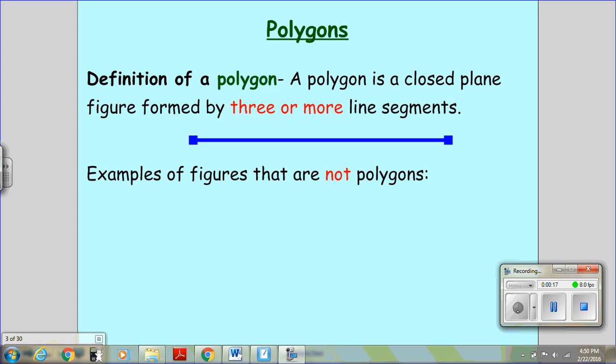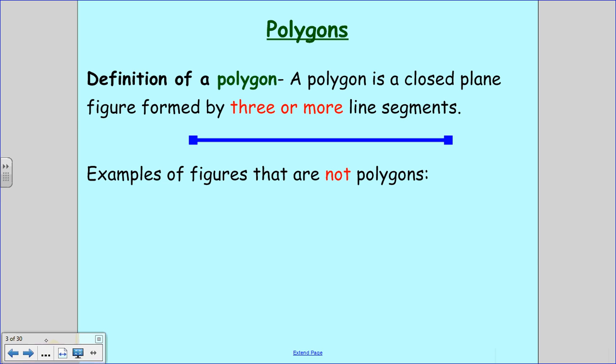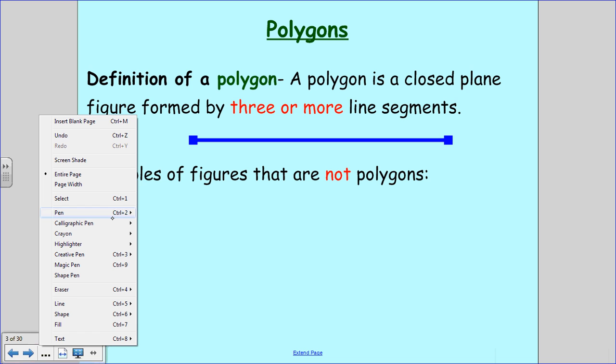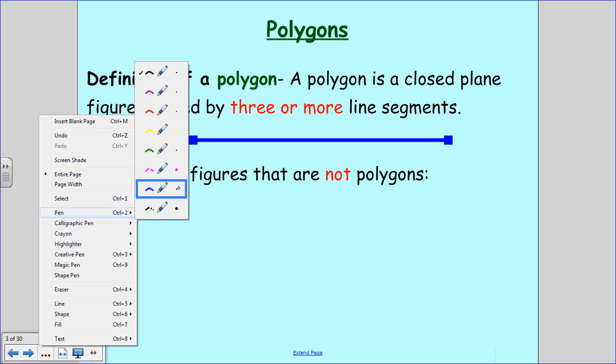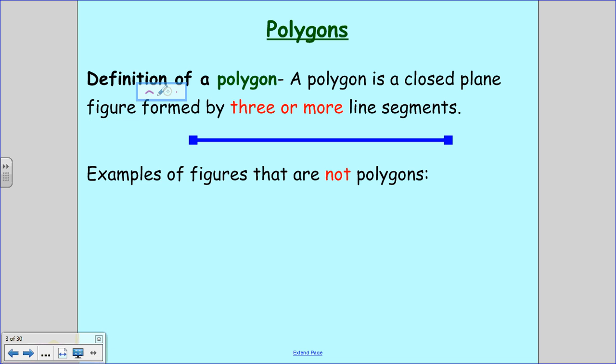So examples of figures that are not polygons would include something like this. A circle is not a polygon because a circle is not formed by line segments.